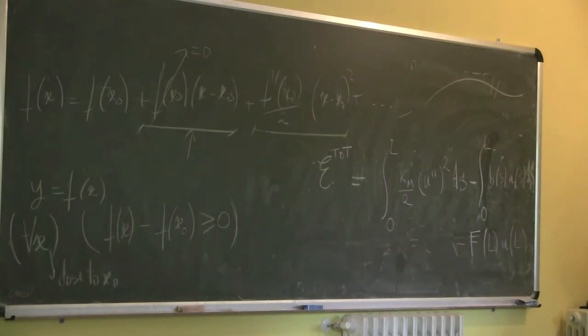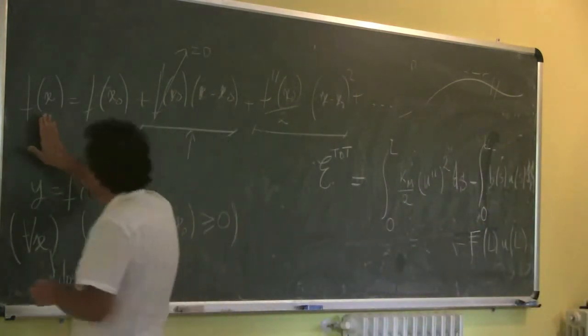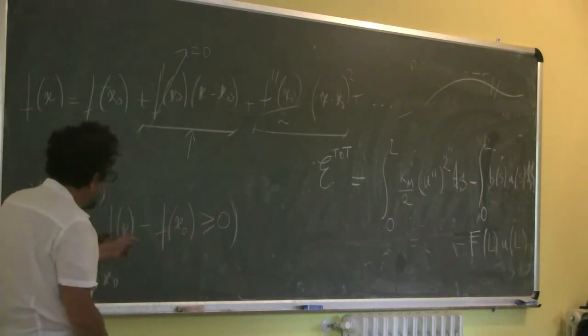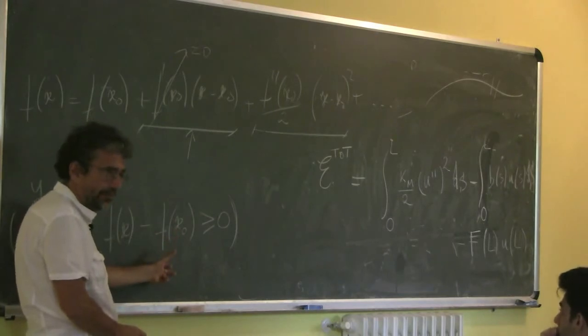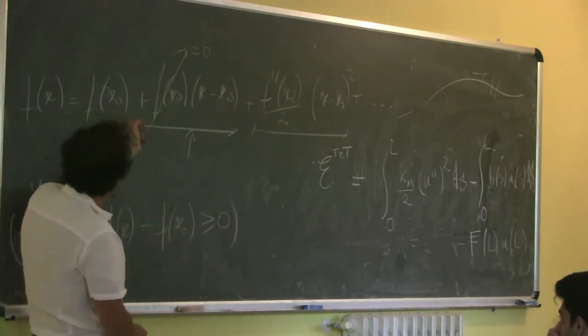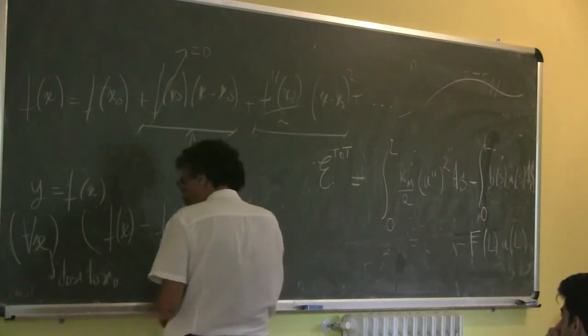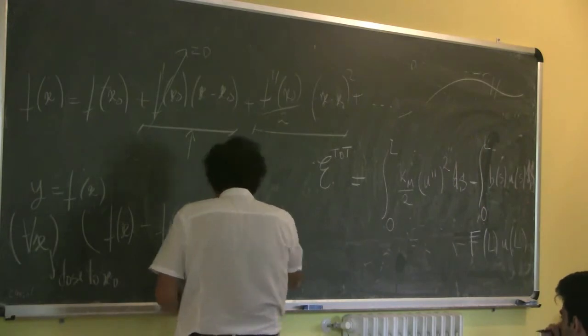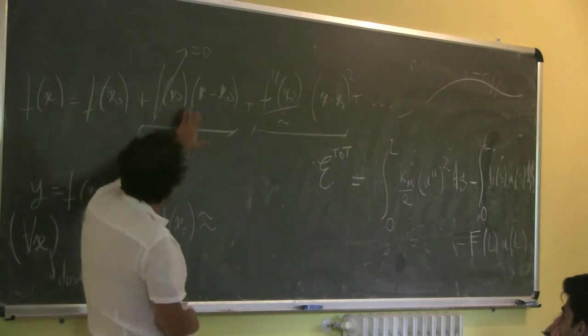Try to follow the reasoning, because this reasoning has been generalized by Lagrange to this energy. I take the f minus f0 increment. This we call finite increment. I approximate it with the linearized increment. Why do I call it linearized increment?